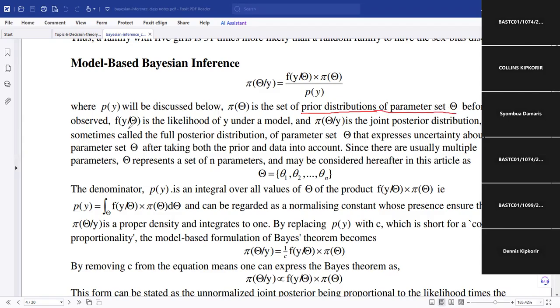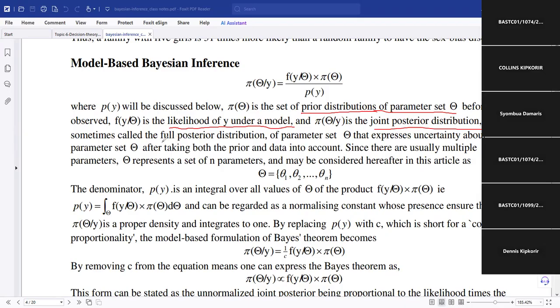And before y is observed, the probability of f of y given theta is the likelihood. So whatever you have as y, the observed data given the parameter, is going to be the likelihood of y under the model. And then we have pi of theta given y, which is what you call the joint distribution for all the parameters we have.